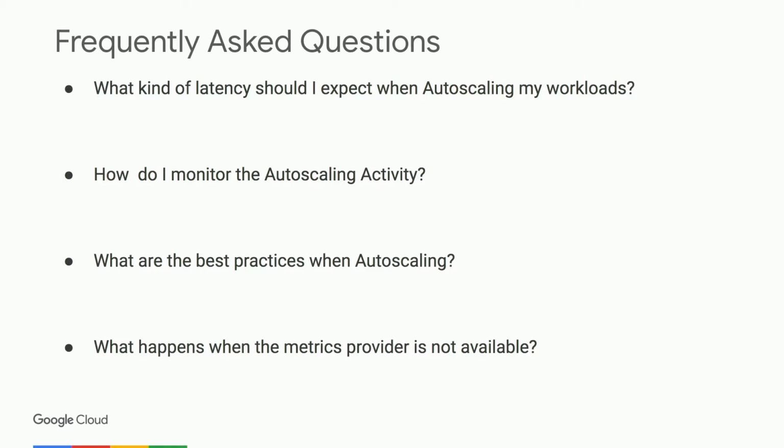What are the best practices when autoscaling? I think the best moral is to really start playing around in staging. Use metrics that you think are relevant. Start with user stories. If you are familiar with SLOs, SLIs, and SLAs, start with a user story.